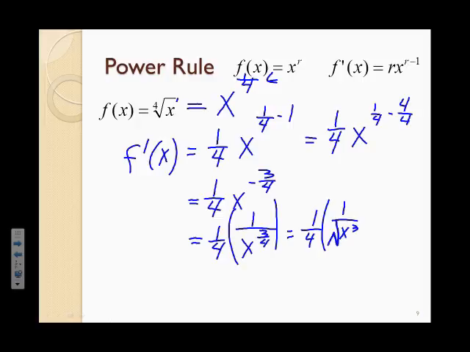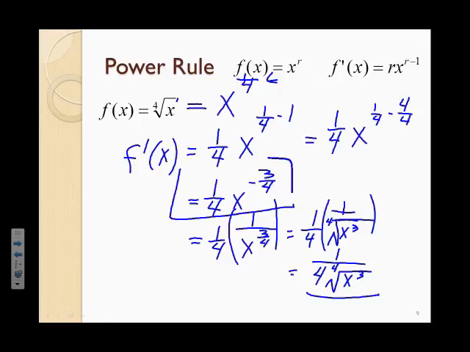So we would get 1 over 4 times the fourth root of x to the third power. If we needed to use it, we would want to use this form, but if we don't need to and are just recording what it is, this answer would be fine, and obviously it takes less time.